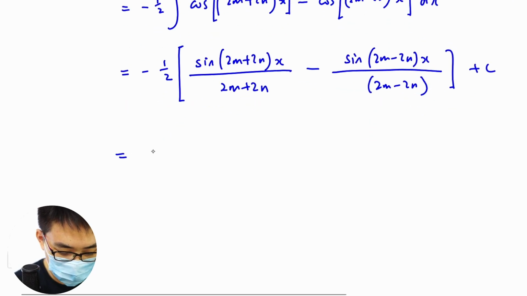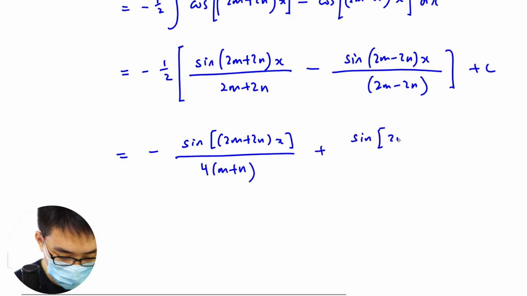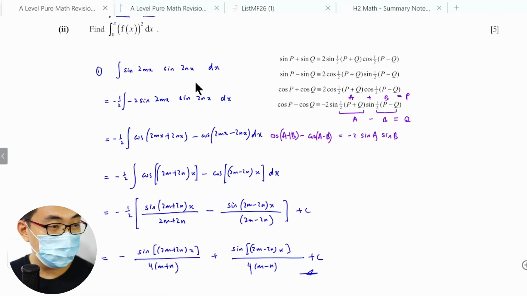Of course, you don't need to multiply in, but I don't really feel nice about leaving things like that. So I'm just going to tidy it. There you go. We find quite okay.